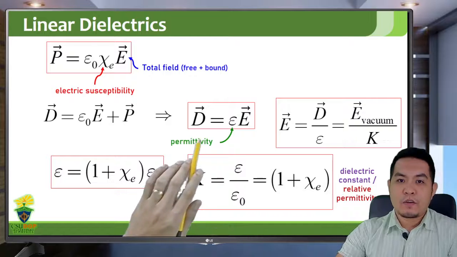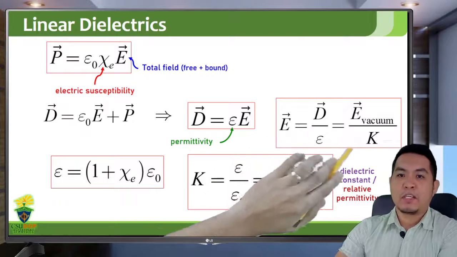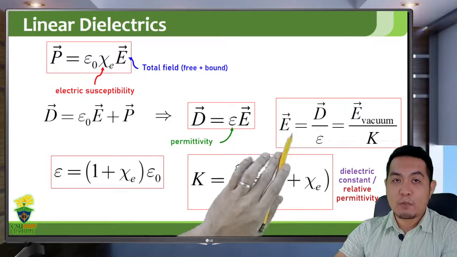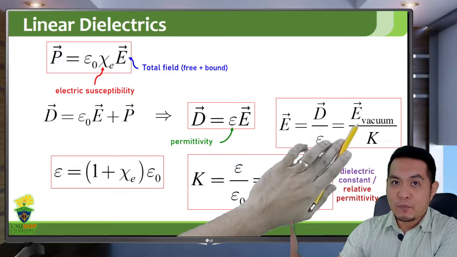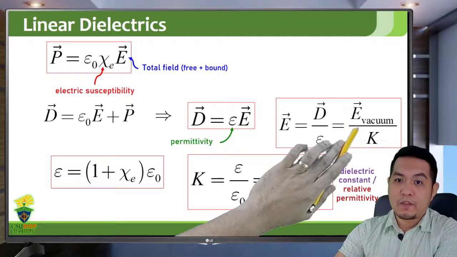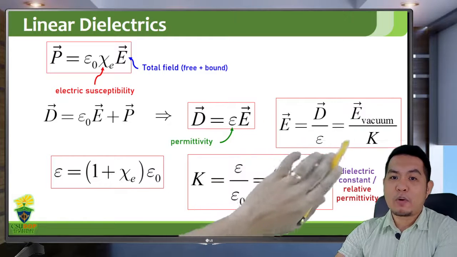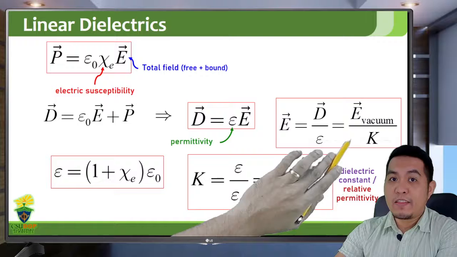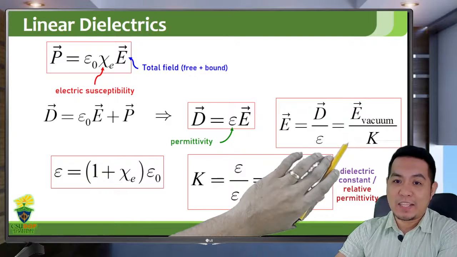From this relationship, we can derive that the electric field inside the polarized object is essentially the electric field in vacuum, or the electric field when there's no dielectric, divided by the dielectric constant. You have encountered this expression before when you discussed capacitors with dielectric.